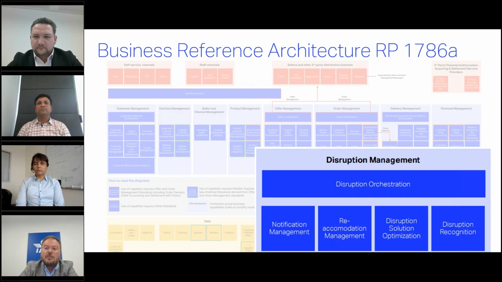And this links up to one of the questions that I think I saw that was pre-submitted to this webinar, which is order integrity, and making sure that order is the single source of truth, and that any changes are managed only within the order.